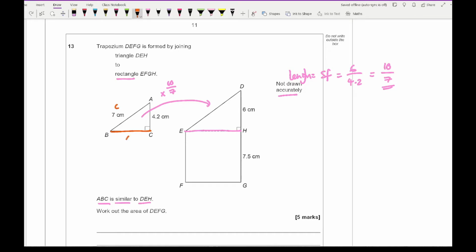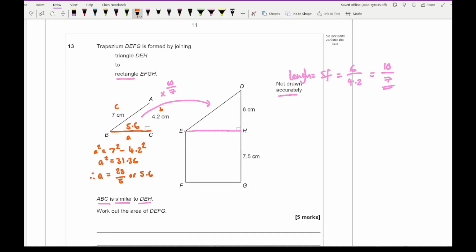So there is my c, there's my a, there's my b. So a squared equals, because a is the smaller side, 7 squared take away 4.2 squared. So a squared equals 31.36. Square root that, and I get a equals 28 over 5, or 5.6.